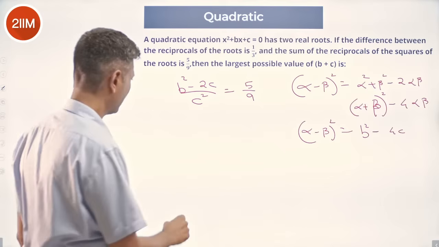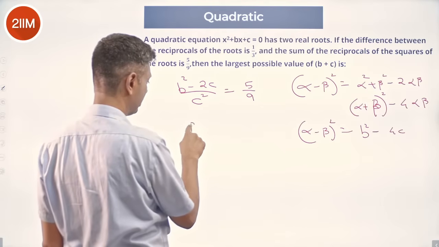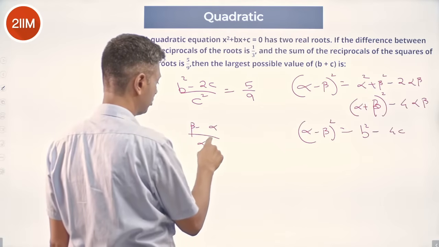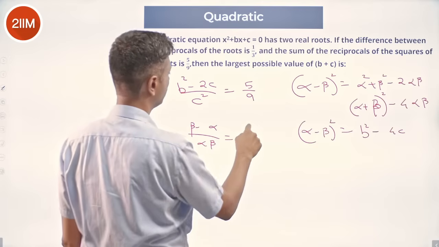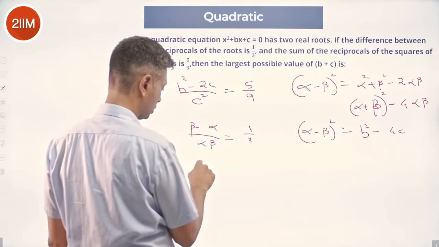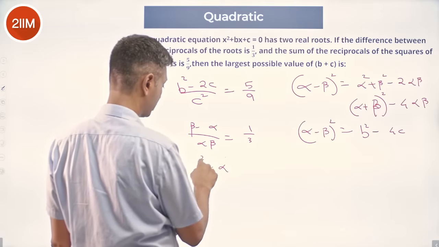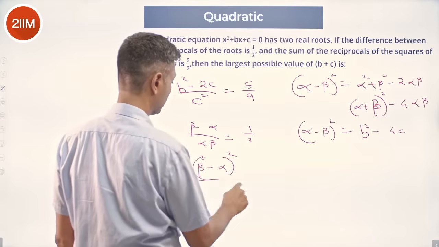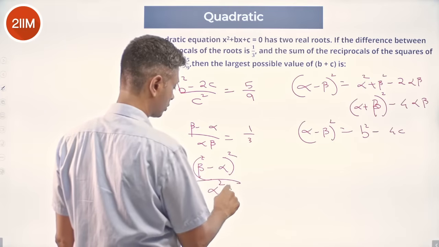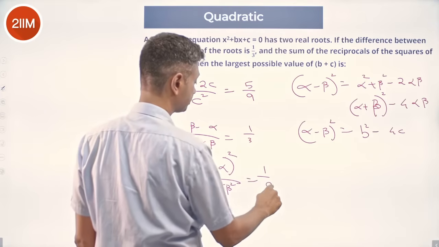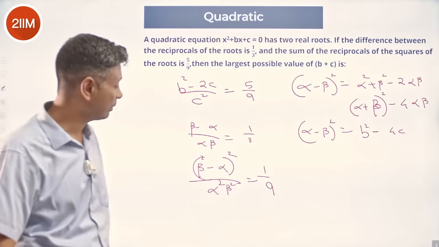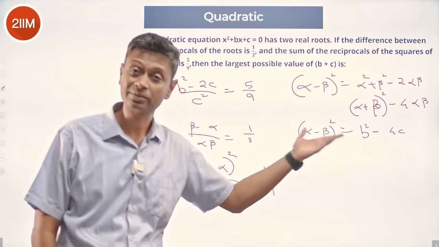We have 1 by alpha minus 1 by beta, it is beta minus alpha by alpha beta is 1 by 3, or beta minus alpha the whole square by alpha square beta square is 1 by 9. Why am I going towards beta minus alpha the whole square? That's what I can get.